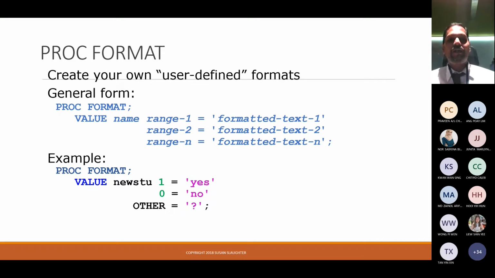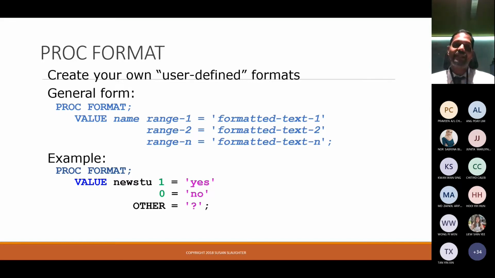So you can create your own user defined formats. So general form is proc format value name, range 1 is equal to formatted text 1, range 2 formatted text 2, until range n, formatted text n.